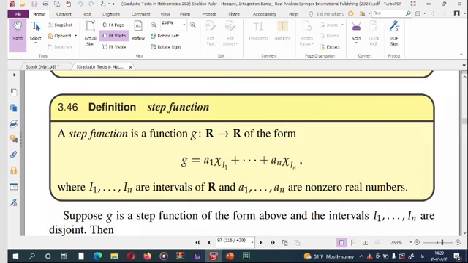So a step function is a particular case of a simple function. In a step function, these sets must be intervals of R.